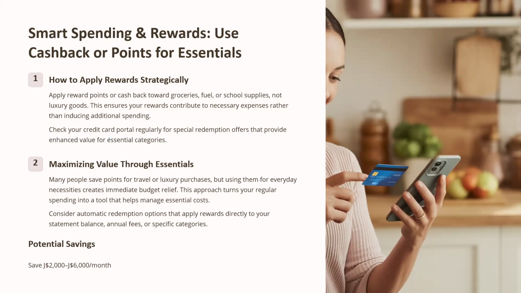So if we can apply our cashback to either groceries, fuel, or credit card fees, those are ways that we can reduce the expenses and use those points to contribute to our necessary expenses rather than allowing it to induce additional discretionary expenses. And I did speak about maximizing the value by using the points.